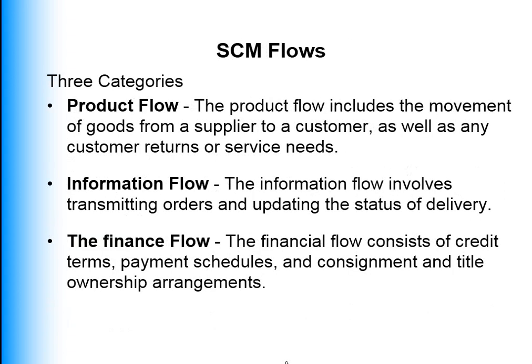So SCM flows, we have three categories. We have what we call the product flow. The product flow includes the movement of goods from suppliers to a customer, as well as any customer return or service needs. So the product flow, right now, because of the COVID, we have a different option for the product flow. So I think most of you are in your house, so you go order online.